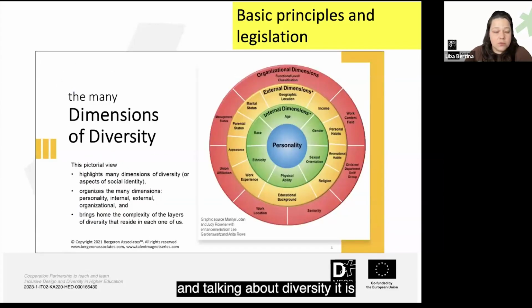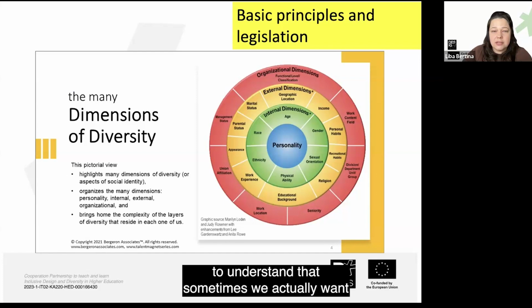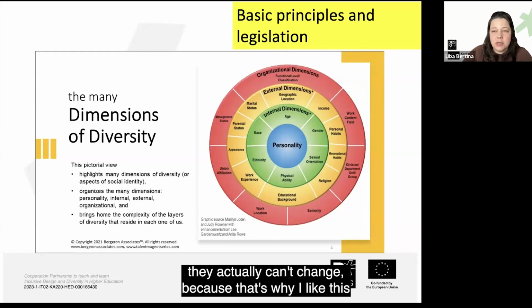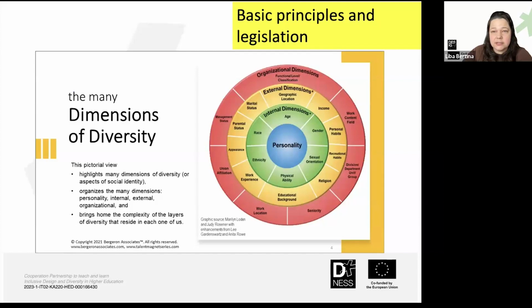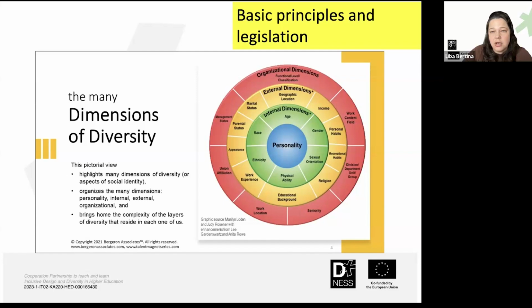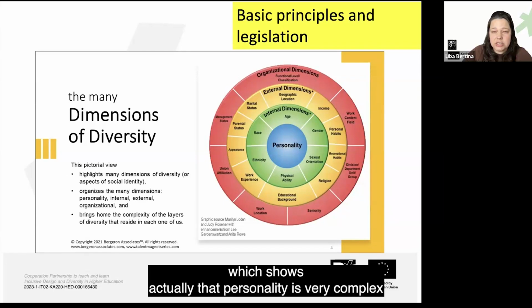And if talking about diversity, it is super important to understand that sometimes we don't accept something in people that they actually can't change. That's why I like this diagram of dimensions of diversity, which shows that personality is very complex.